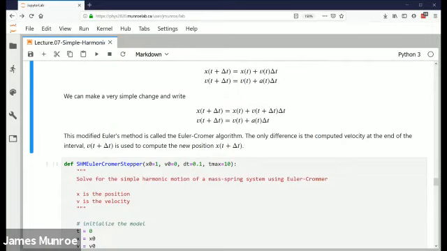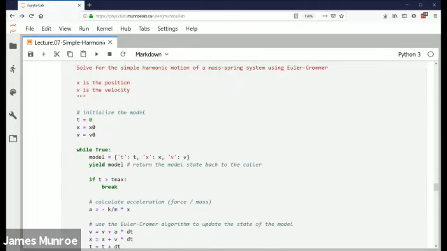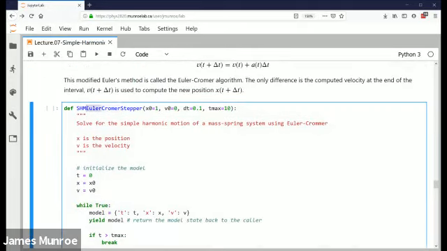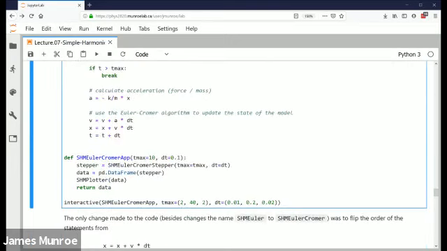So here we go. Here's some code that implements an Euler-Cromer algorithm, which is what this is called. The code is exactly the same, other than, of course, I've changed Euler to Euler-Cromer everywhere in the comments and in the code. And there is a small change in the code up here where I've flipped the order from the Euler method to an Euler-Cromer method.